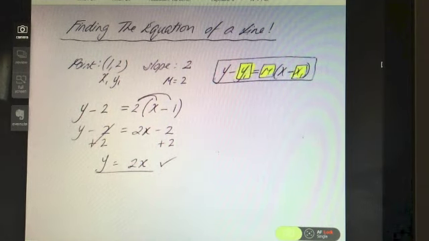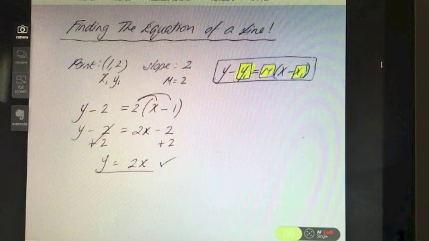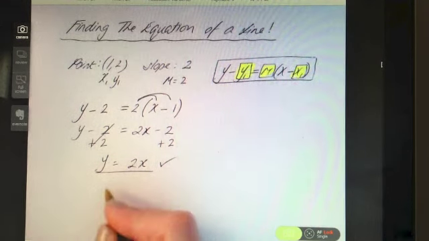Just to note, sometimes there are different rearrangements of this equation that would also be equivalent, okay? And they may ask for it in the question to be put in a particular form. One of the other classic forms they might look for is that you have nothing on one side.